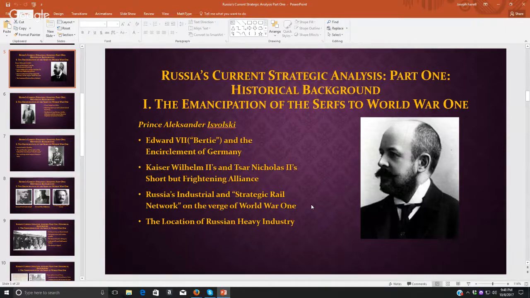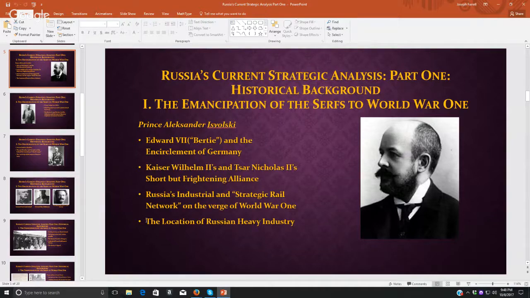The second problem in World War I was, of course, the three major industrial powers in the world at the beginning of World War I, and in the order of their production, were the United States, Germany, and Great Britain.